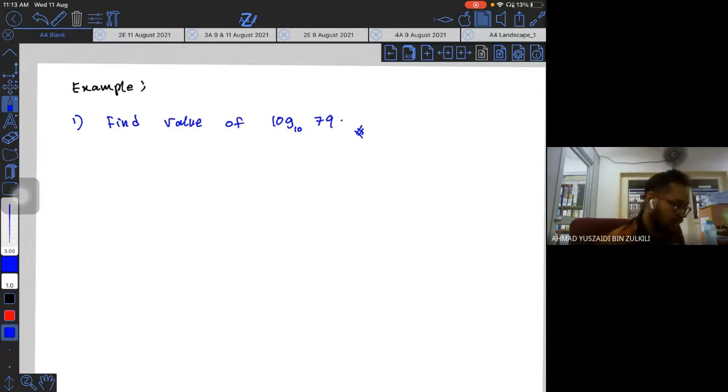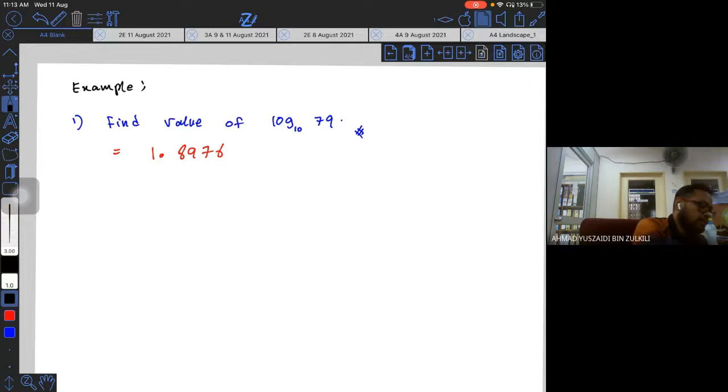So macam mana nak cari? We just tekan log and then fill in 79. Okay, dah dapat dah. Semua dapat answer tu tak? Log, and then 79. So dapatlah 1.8976.